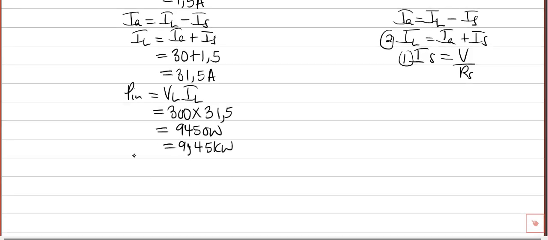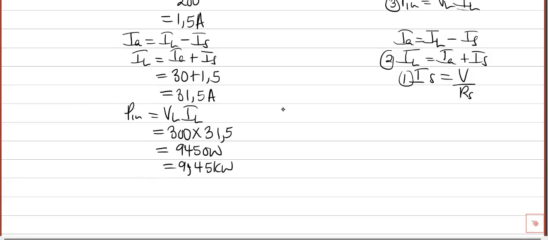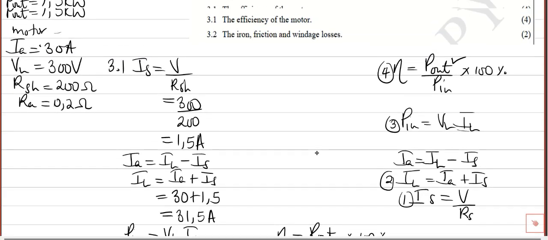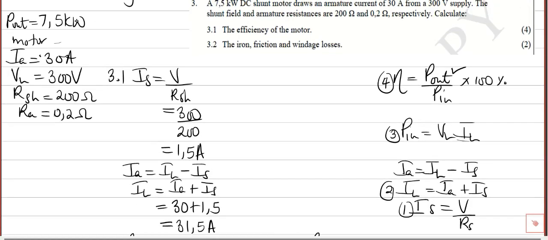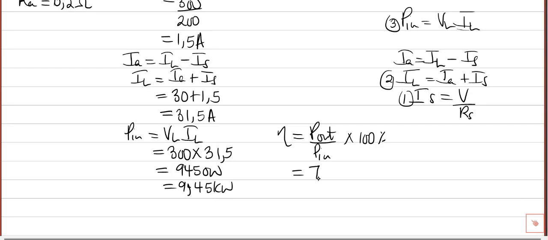From there, we can calculate our efficiency. Our efficiency is P out over P in times 100%. Our P out was the given value at the top, which was 7,5. We have 7,5 divided by 9,45 times 100%.